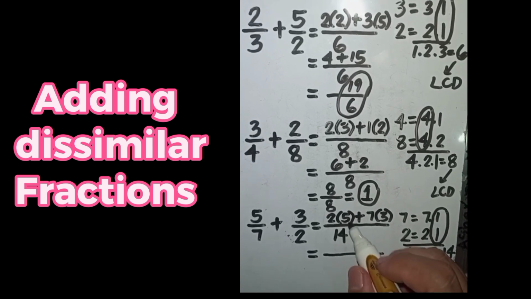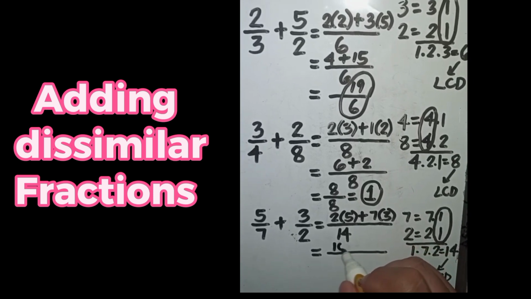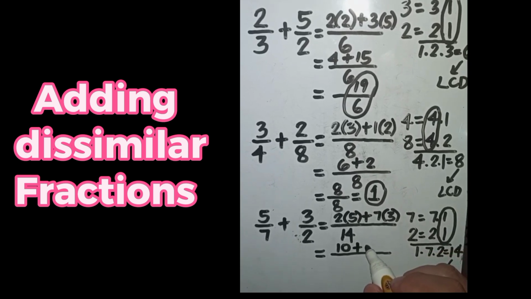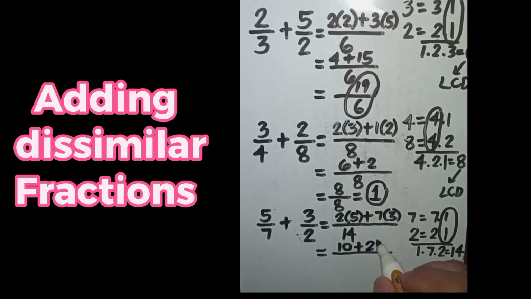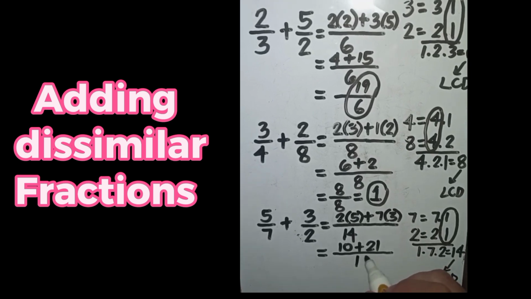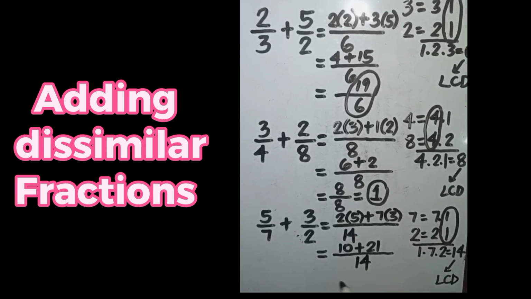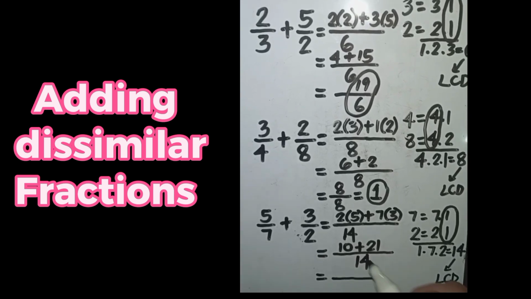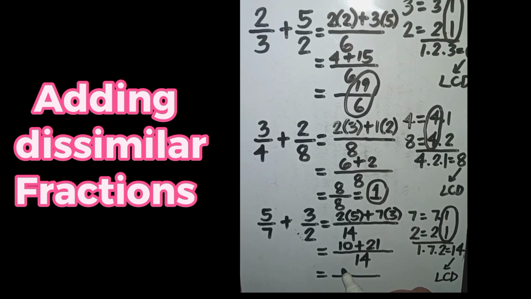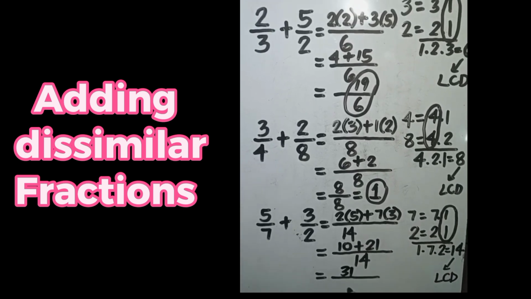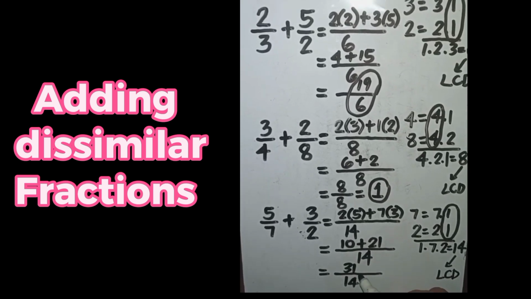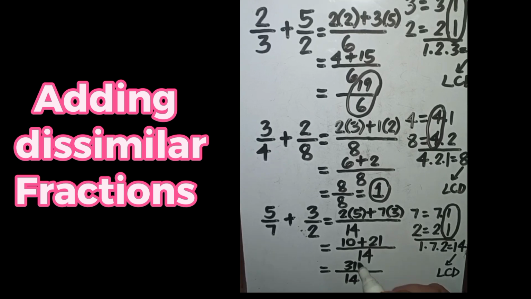So we have 2 times 5, that is 10, plus 7 times 3, that is 21, all over 14. Simplify further. So we have 10 plus 21, that is 31 all over 14. So 5 over 7 plus 3 halves is equal to 31 over 14.